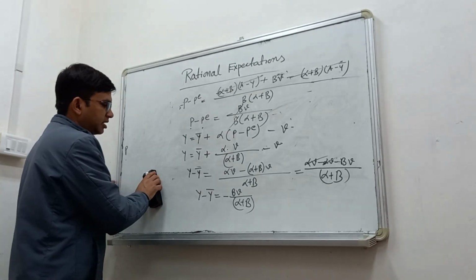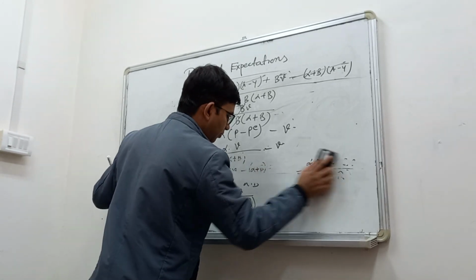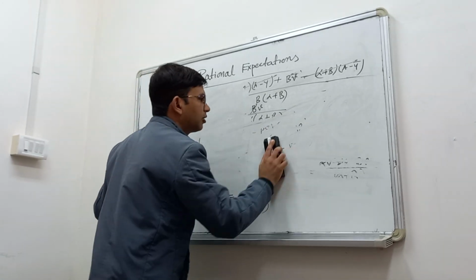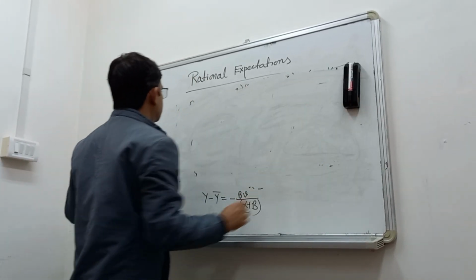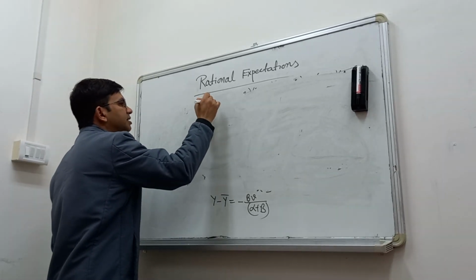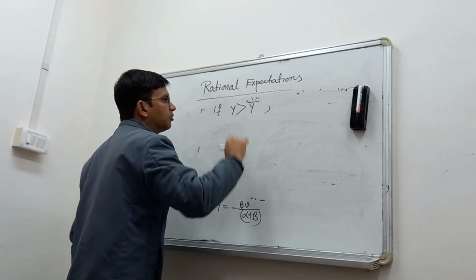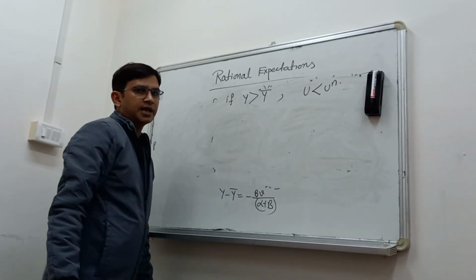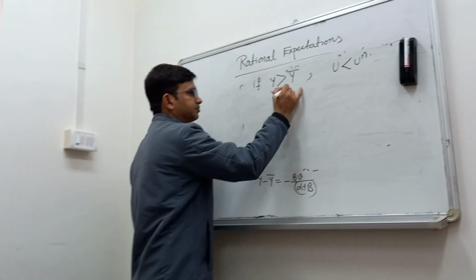So now the final thing is to find the case of cyclical unemployment. Here we will also use Okun's law. What does Okun's law say? That if the actual output is greater than the natural level of output, then the actual unemployment will be less than the natural level of unemployment, and vice versa.